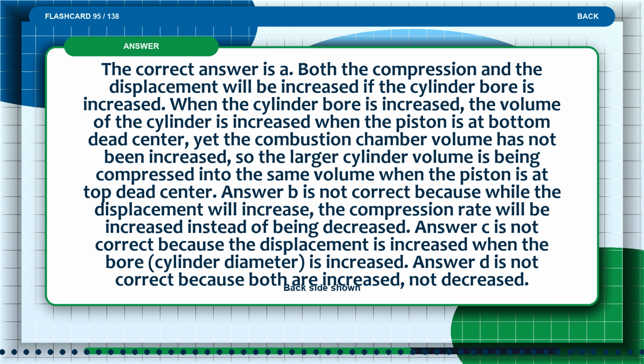Answer B is not correct because while the displacement will increase, the compression ratio will be increased instead of decreased. Answer C is not correct because the displacement is increased when the cylinder bore diameter is increased. Answer D is not correct because both are increased, not decreased.